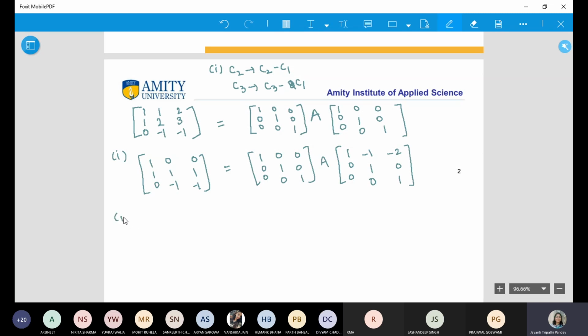Now second step, I'm going to do row operation. R2 goes to R2 minus R1. So left hand side will be no change in R1, no change in R3, only change in R2. So 1 minus 1 gives me 0, 1 minus 0 gives me 1, and 1 minus 0 gives me 1.